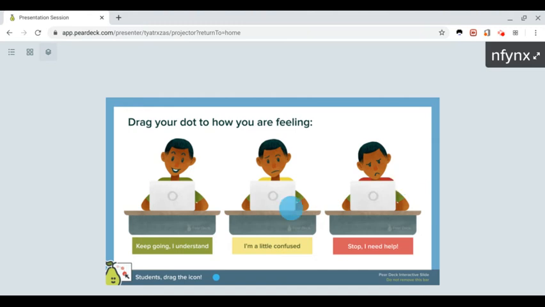And then obviously we want a little here, and mostly we should get keep going, I understand. That's just a quick, informal assessment, or a self reflection, that lets you know how well the lesson is going.